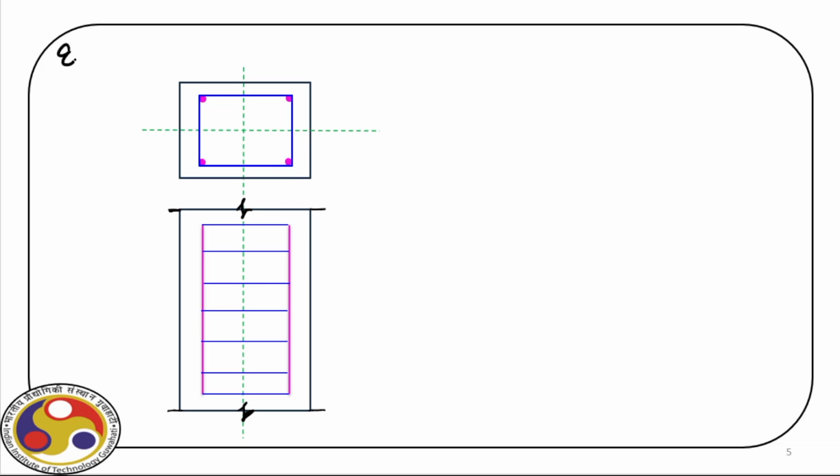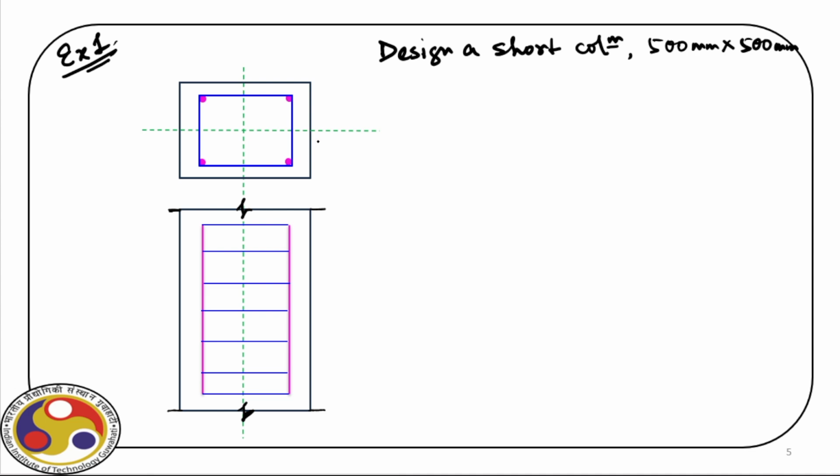Our example 1 is: design a short column. Its size is 500 millimeter by 500 millimeter for a compressive service load of 3000 kilonewton.